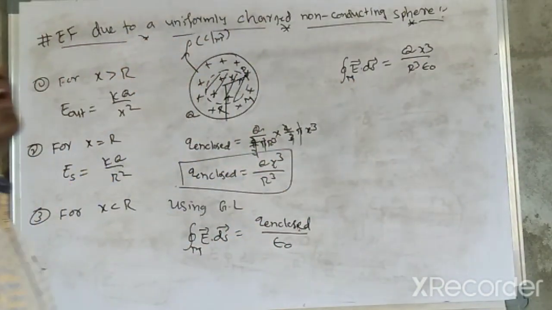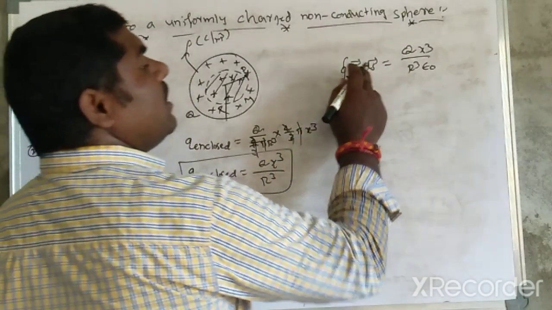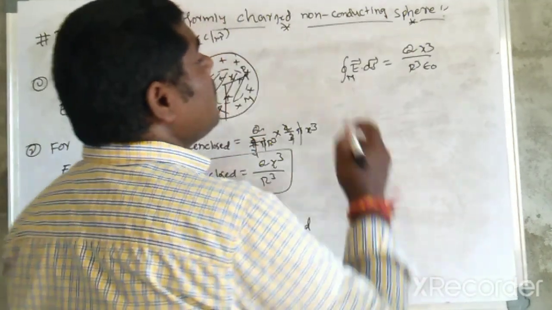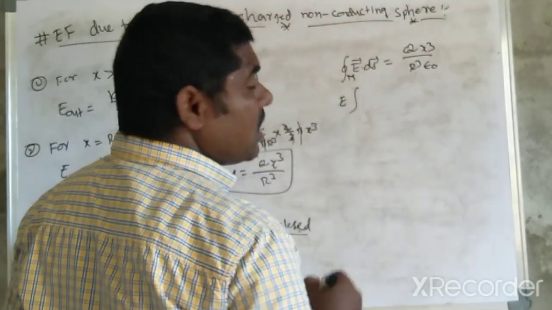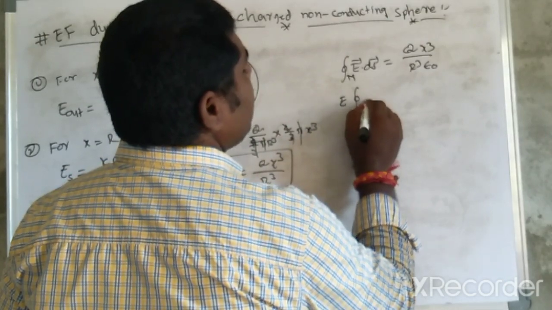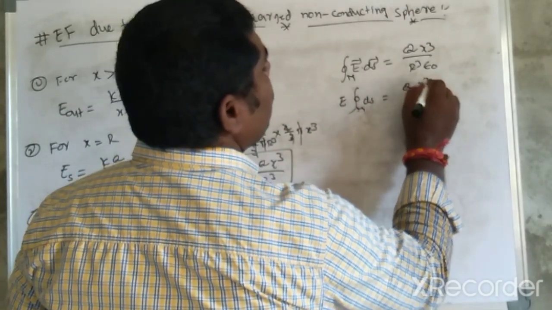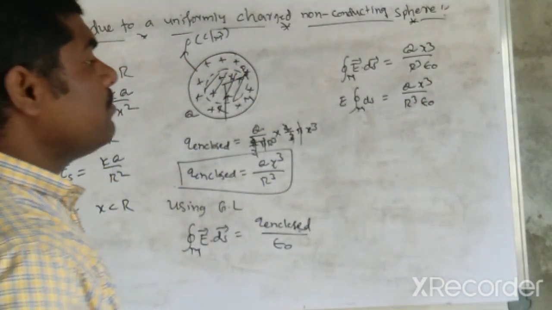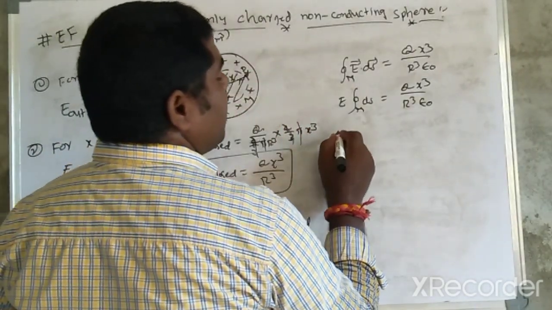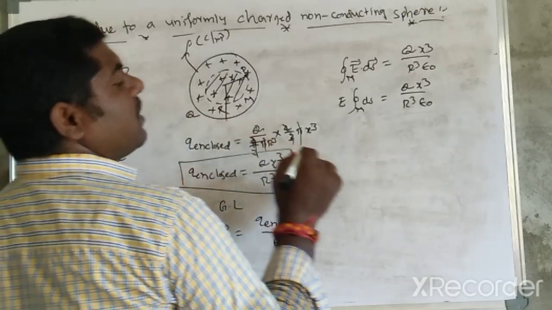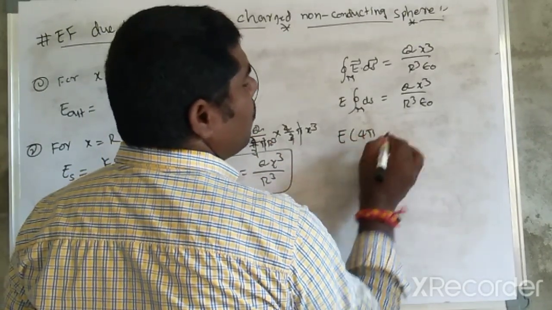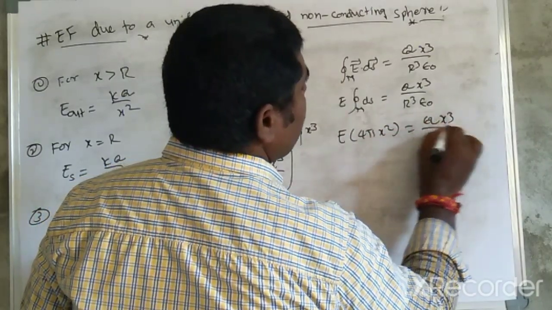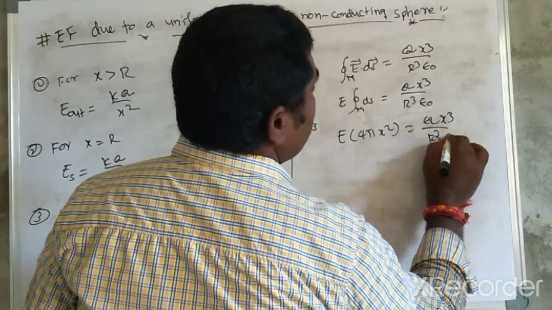Here the electric field is uniform, and dS and the electric field are in the same direction, angle 0, cos 0 is 1. That's why the electric field can be taken out of the integral. The closed integral of dS is the spherical area of the Gaussian surface, 4 pi x square, equal to Q x cube divided by R cube epsilon naught.